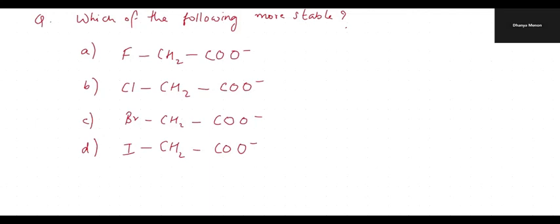Here, fluorine has a high electronegativity, so definitely it will pull the electron pair towards itself.